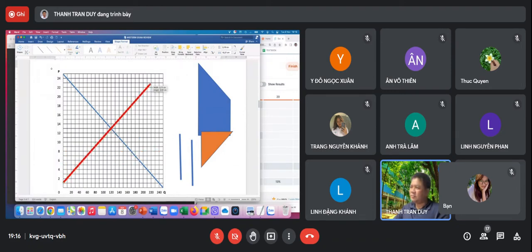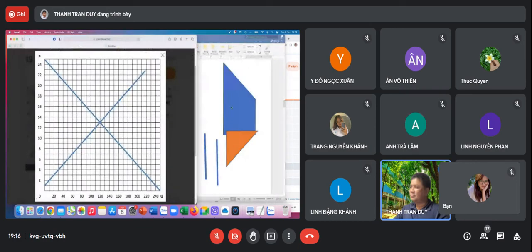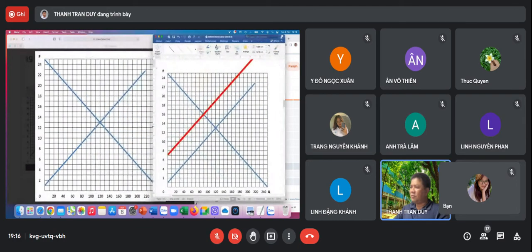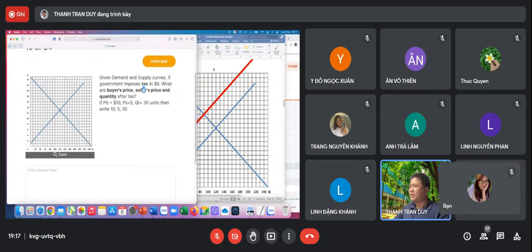So first we have this $6, right? 1, 2, 3, 4, 5, 6. Based on this, what do they ask us? They ask us to find the buyer price, seller price, and quantity.